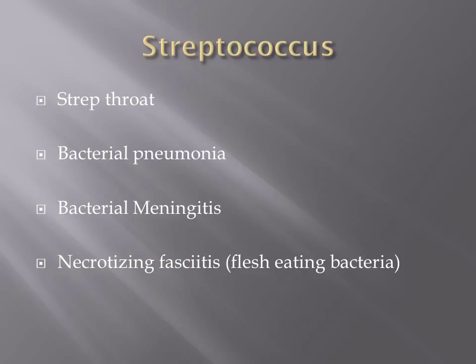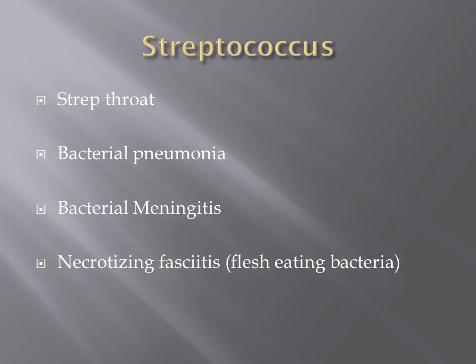Most commonly, when people think of a gram-positive bacteria, they're going to relate to the Streptococcus, which is one of the most common ones. It's responsible for strep throat, bacterial pneumonia, bacterial meningitis, as well as necrotizing fasciitis, which is the flesh-eating bacteria. And these four have particular significance where I work.